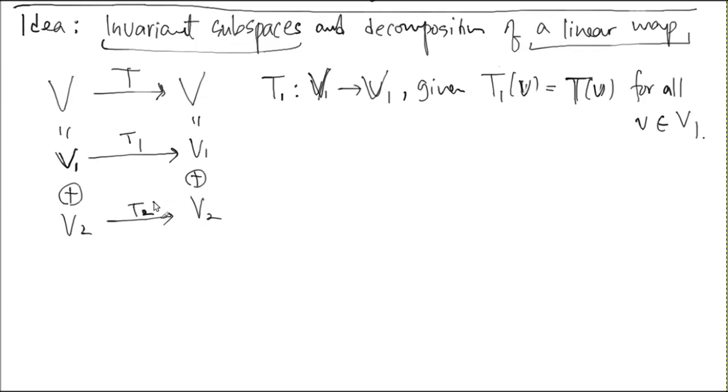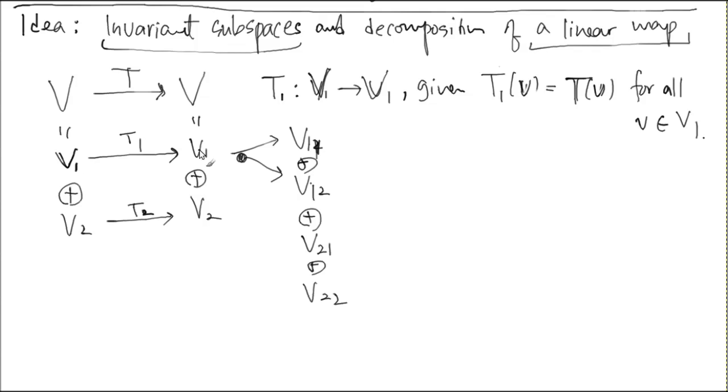All right? Why not? Let's keep doing it. So V1 is going to be split further into V11 and V12. Maybe you can do it further. And V2 is split into V21 and V22. And realize V1 is not good enough.